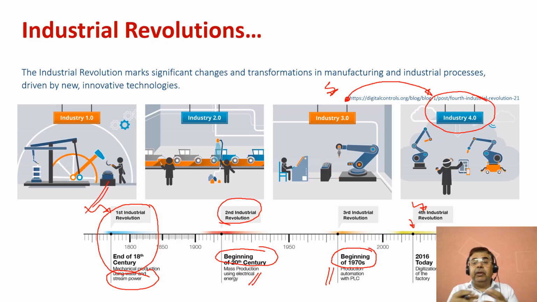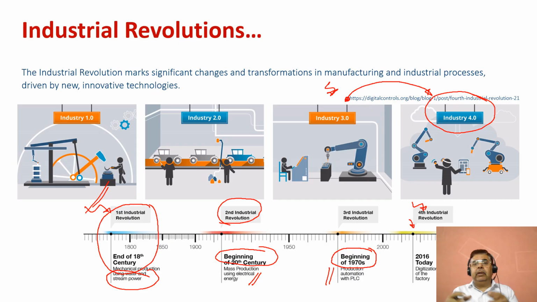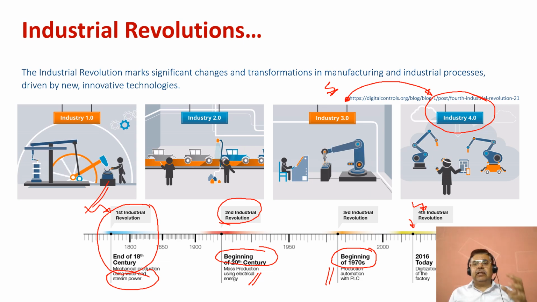They can communicate with each other. So now we are talking about connected machines, connected devices, connected equipment. So this is now the essence of Industry 4.0.